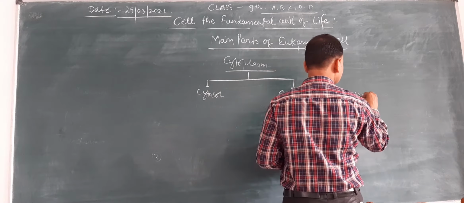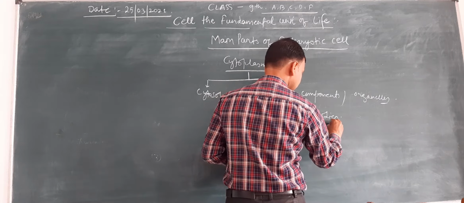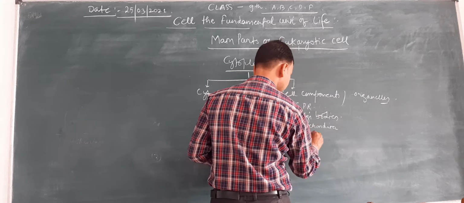In the coming lectures we will be discussing their functions. Third one is mitochondria. Then some lysosomes. And if it is a plant cell, you will be able to see the plastids. There are some number of vacuoles, multiple in an animal cell and only one large vacuole in a plant cell.